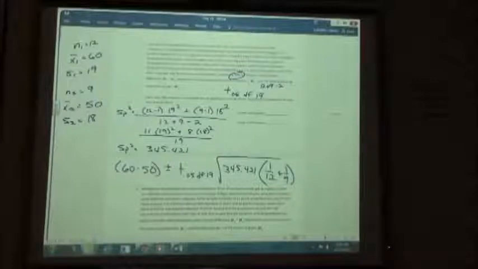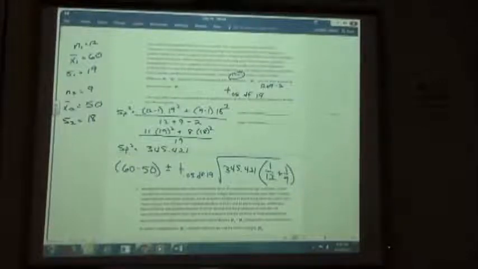Plus or minus t sub 0.05 with a degree of freedom of 19. And click up to the side, put our square root symbol. Square root, not squared. There we go.